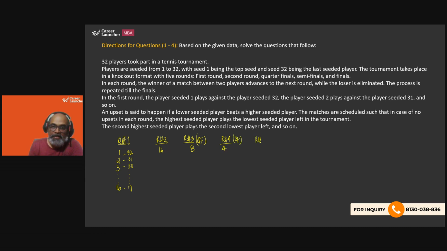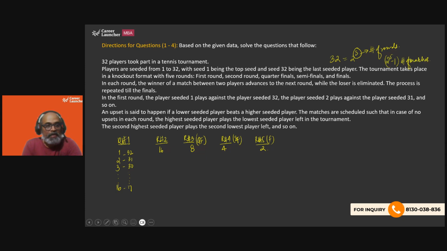And in round number 5, there are going to be finals, and only 2 players will survive, and they will fight for the win or the cup. So basically, since we have 32 players, which is 2 to the power 5, this tells us the number of rounds that are supposed to happen. And 2 to the power 5 minus 1 is the total number of matches that will take place.